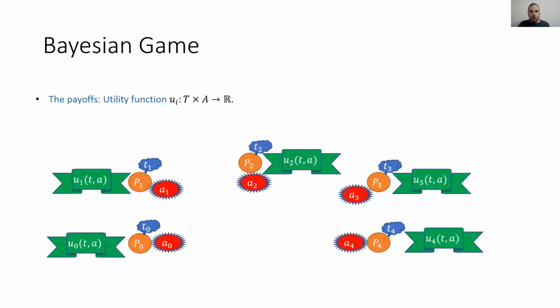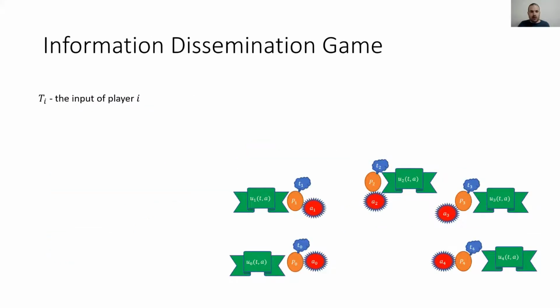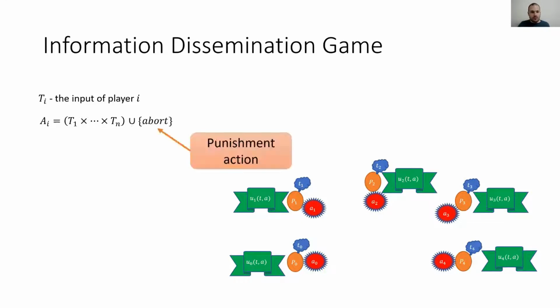We can formulate now the information dissemination problem as a Bayesian game. This time, the inputs of the players are the types. And the action of each player is to output all the types, the inputs of all players. We added a punishment action, the abort action, and it can be used as a threat. The utility function depends on all the types of all players and the output of the player.